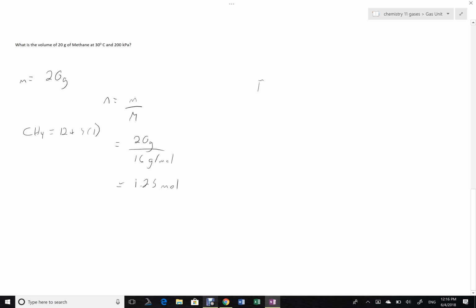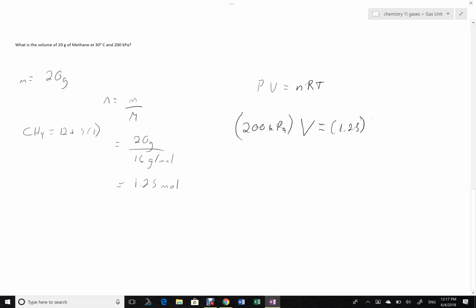Finally here, because I don't have STP or SATP, I have to use PV equals nRT. And so if I have PV equals nRT, my pressure is 200 kilopascals equals n, which is 1.25. Now I need to be careful here.